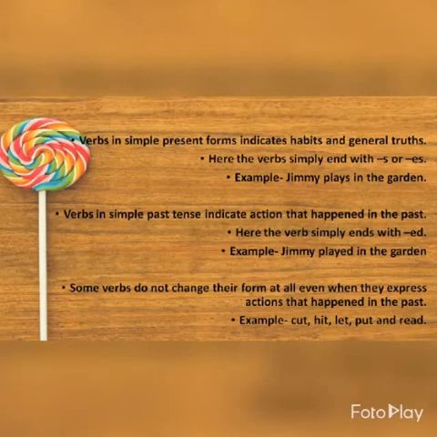Now some verbs do not change their forms at all, even when they express actions that happened in the past. Example: cut, hit, let, put and read. Like I will say, I read a book. Now, if I talk about the past tense, then also my verb form won't change. It will be I read a book.